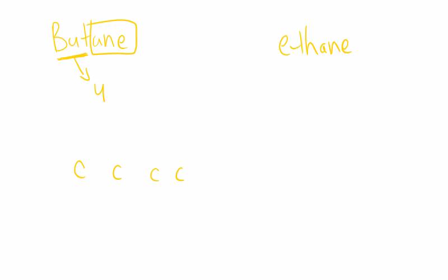The ane tells me they are all attached with single bonds. Next, since butane is a hydrocarbon, we need to satisfy the octet rule. This first carbon has 1 bond, so it needs 3 more. We know that hydrogens are going to go there. The second carbon has 2 bonds, it needs 2 more to satisfy the octet rule, and so on and so forth.